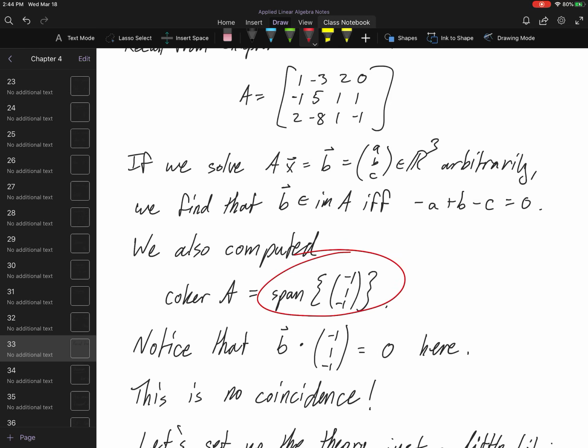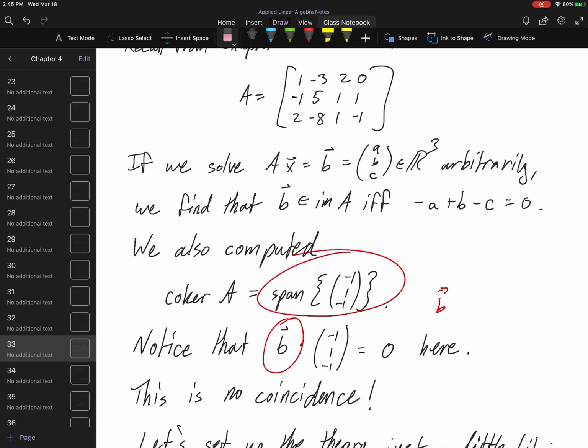The idea is that if I look at the co-kernel, notice that the span of this vector is actually the orthogonal complement, or sorry, that b, if I'm going to be in the image, has to be in the orthogonal complement of that space. No coincidence, right?